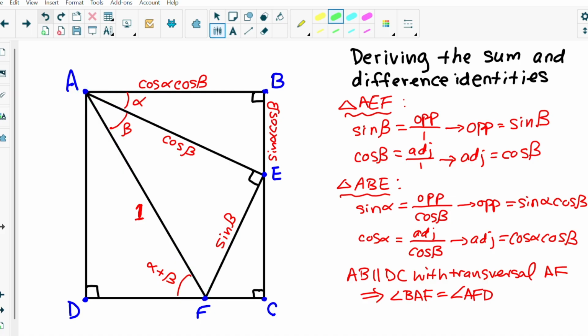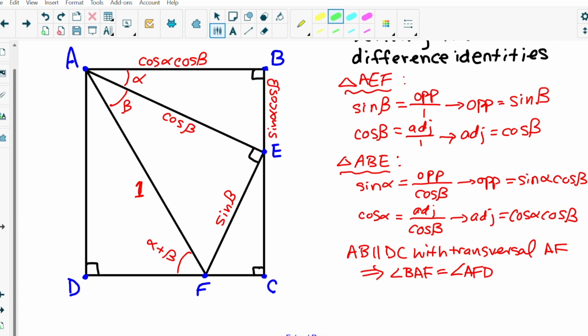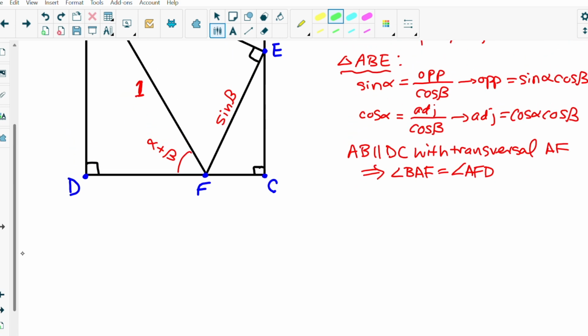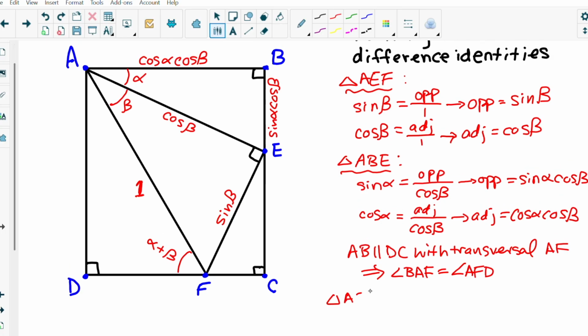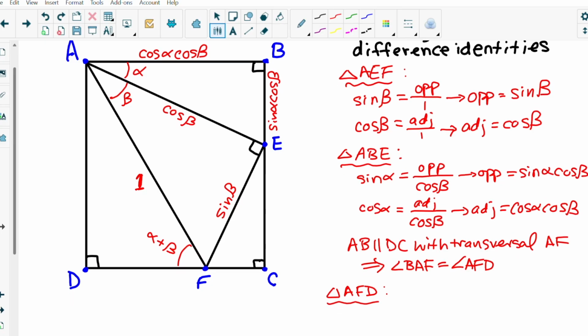Well, I'm going to continue with this new angle of alpha plus beta. Now I'm in triangle AFD. I'm going to do the whole same process again.